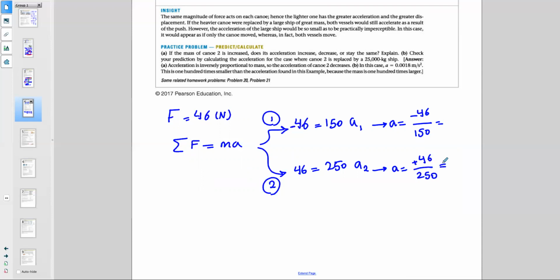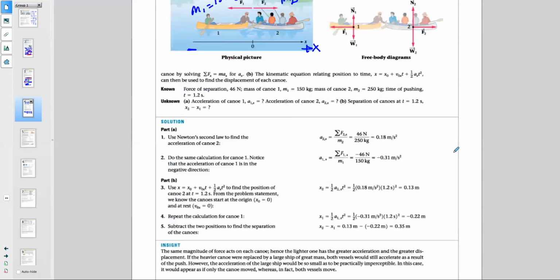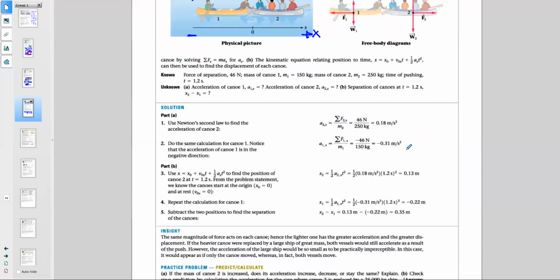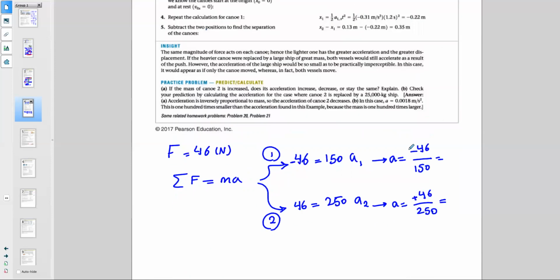The book has calculated both of them for us: negative 0.31 and positive 0.18, all in meters per second squared.